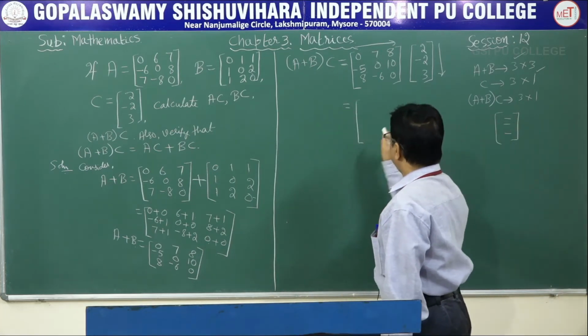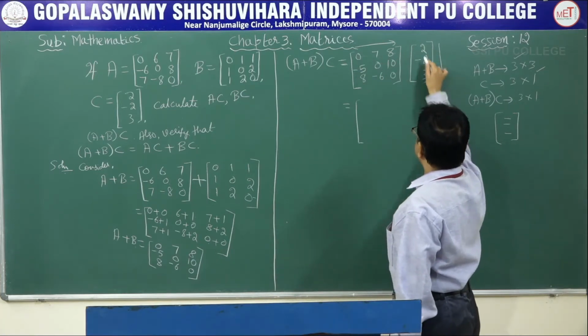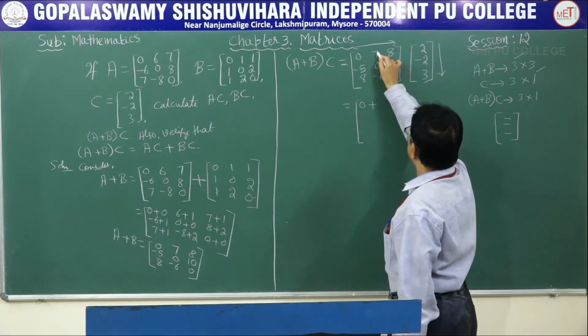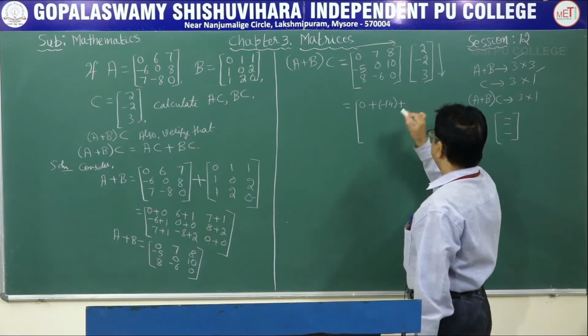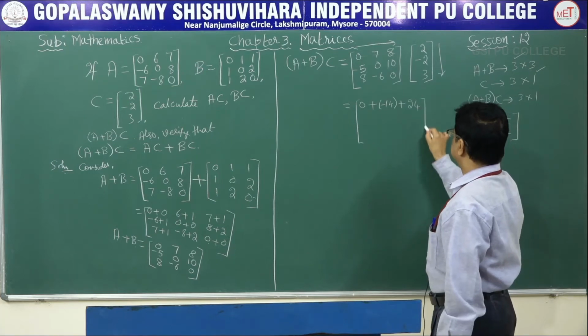The product matrix will be equal to, first row into first column, 0 into 2, 0, plus 7 into minus 2, minus 14, plus 8 into 3, 24.